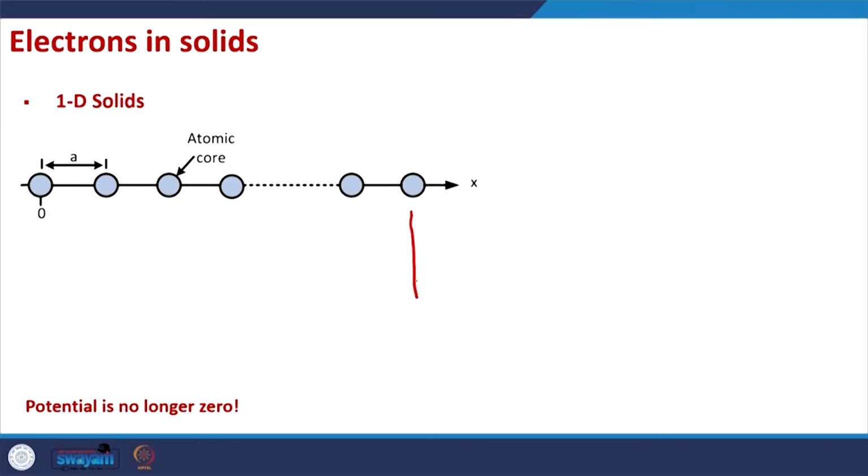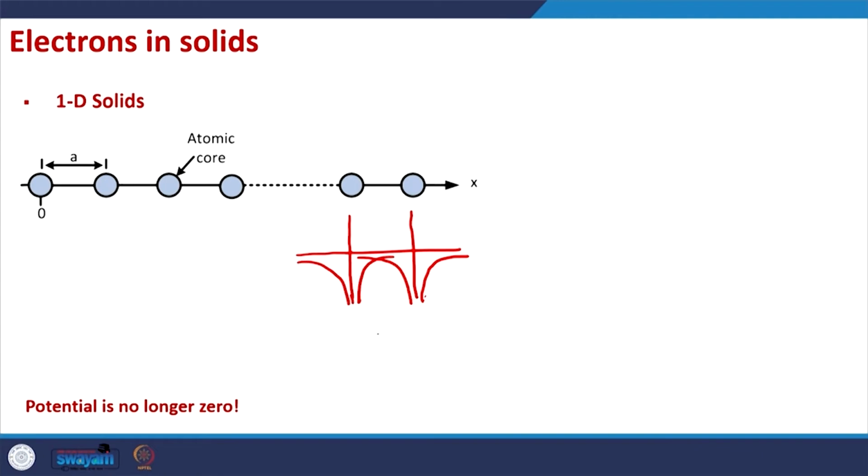Let us see, just as an exercise, how this potential energy looks. Let us say the potential energy due to this atomic core is this, and the potential energy due to this atomic core can similarly be plotted to be this.